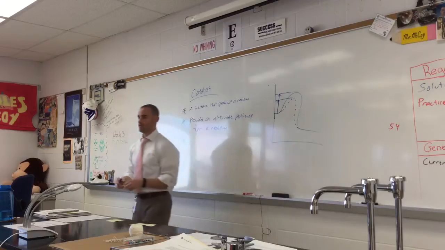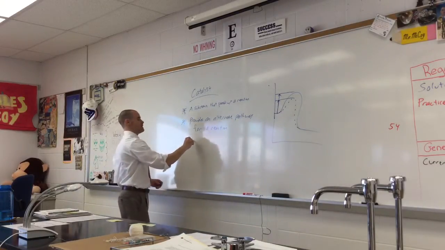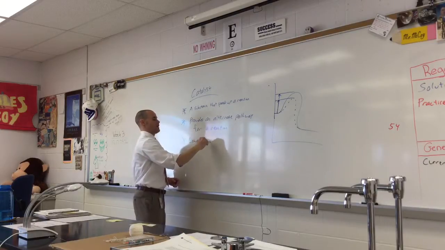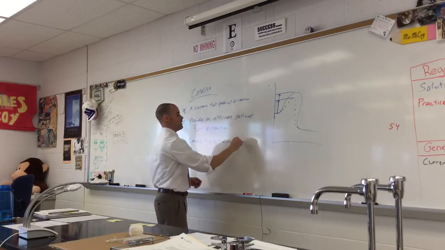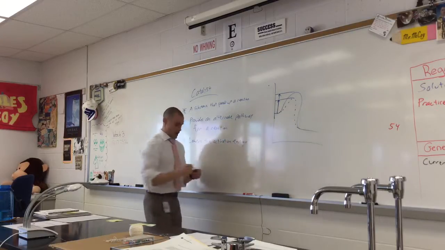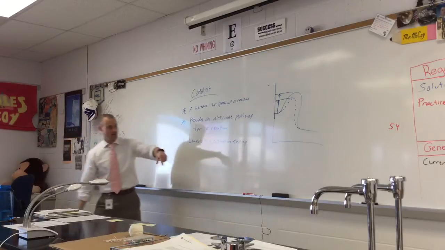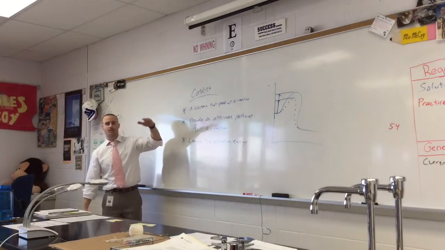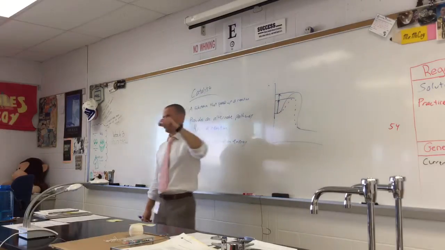What does it do? Very good, Xavier. Lowers the activation energy. Good job. So a reaction occurs faster with a catalyst because it lowers the activation energy. It takes less energy to start.